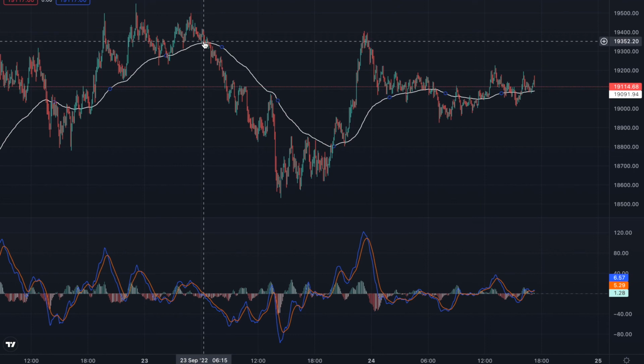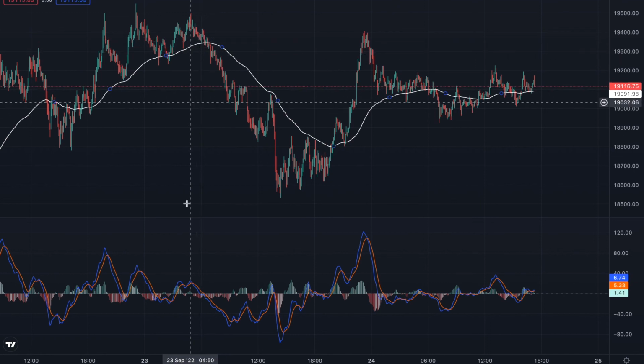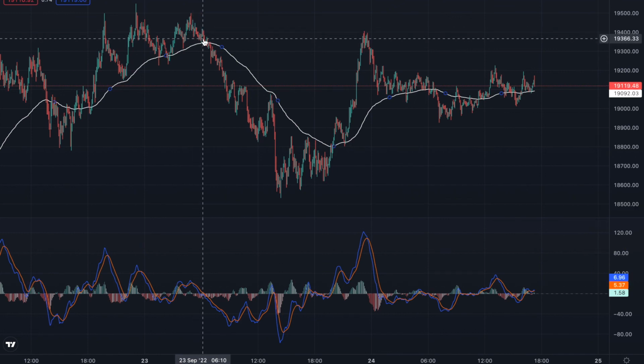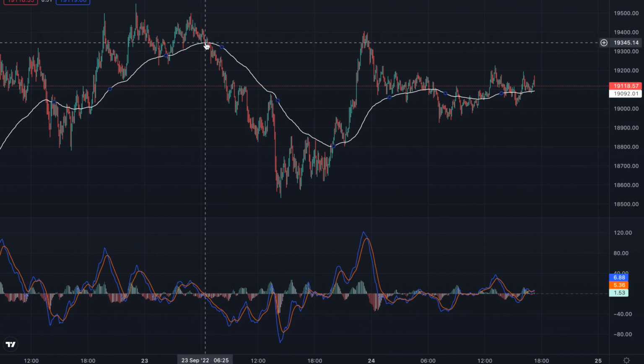Now the case is how to do the short position. So here the MACD line just crosses down the signal line, and similarly the chart candles also cross down the 100 EMA line.